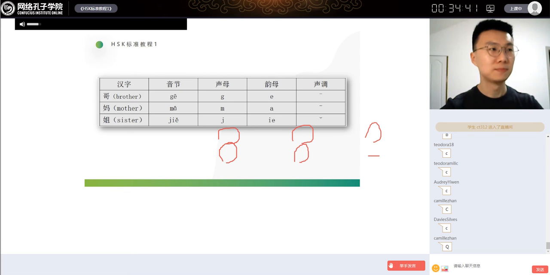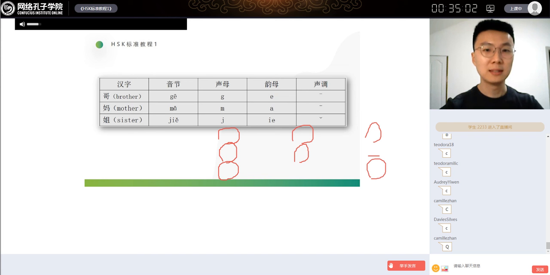The last one, 声母, initial is 鸡. 韵母 is 耶. And let's look at this tone. 声调. Which tone?